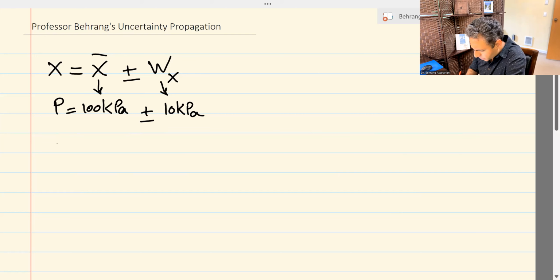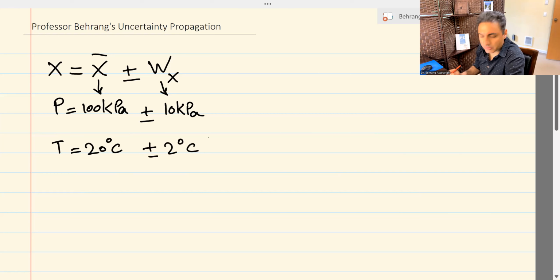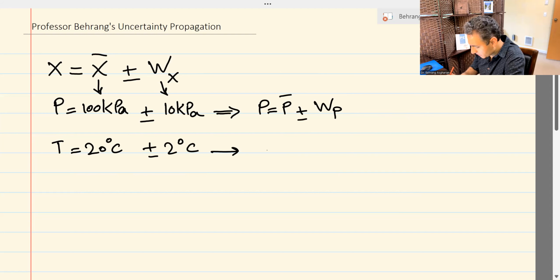Same case with the temperature. The temperature that we measured was 20 degrees Celsius. That's the average value, plus minus 2 degrees Celsius for uncertainty. So if I want to report this, this is the equivalent of P equals P average plus minus the uncertainty of pressure. And this is the equivalent of T equals T average plus minus the uncertainty of temperature, like this.